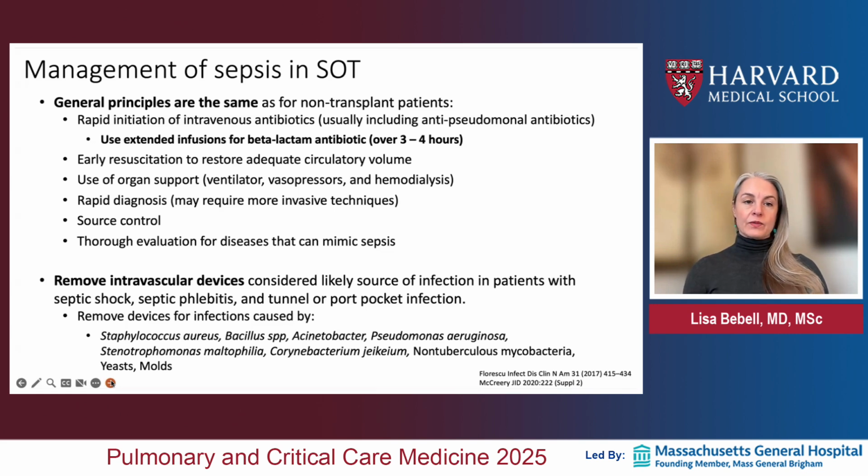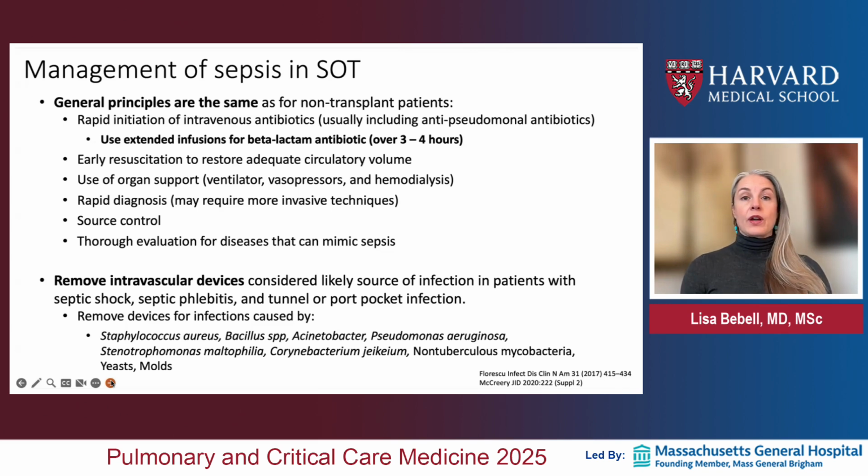Ensure that there's been adequate resuscitation to restore circulatory volume, and a reminder that our patients probably need earlier and prolonged support of organs. Rapid diagnosis may require more invasive techniques, including bronchoscopy, bronchoalveolar lavage, and biopsies, and source control, as I mentioned earlier, is critically important.